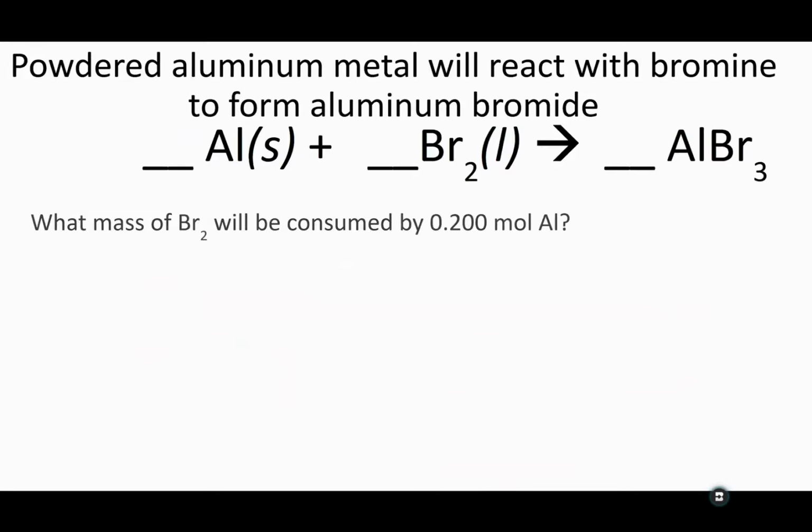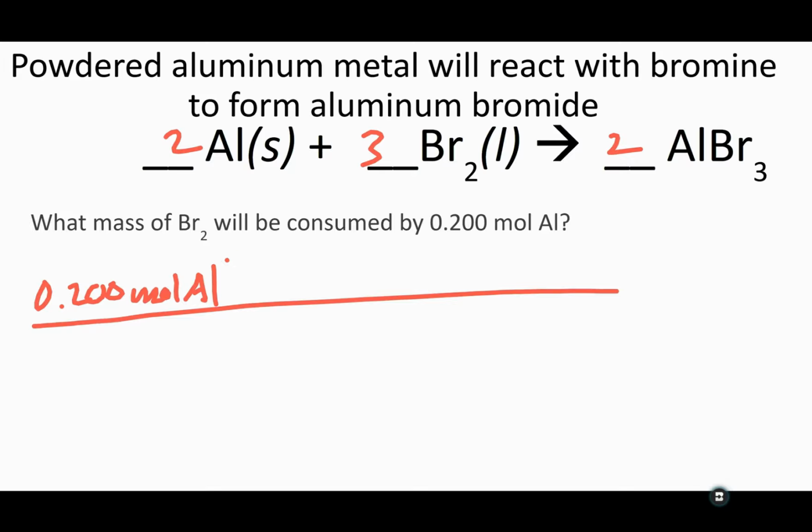Aluminum metal will react with bromine to form aluminum bromide. Coefficients are 2, 3, 2. What mass of Br2 will be consumed by 0.200 moles of Al? So I'll start off with 0.200 moles of Al. Convert that over to grams of Br2. That will be 3 fractions.